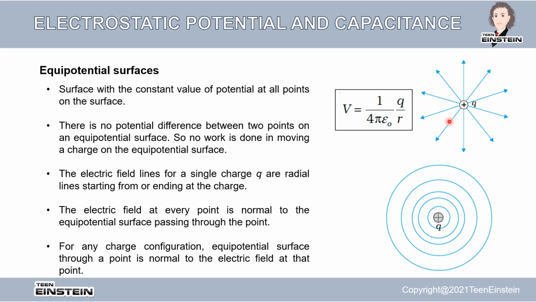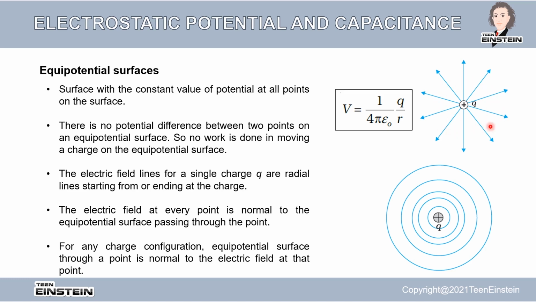We know that the potential for a point charge is given by this equation, q by 4 pi epsilon naught into r. If you look at the right hand side, it depends on q and r. If you have a fixed charge q, then it depends only on r. So can we say that if you look at this potential at a fixed distance r, and move around this charge, everywhere the potential value is going to be the same?